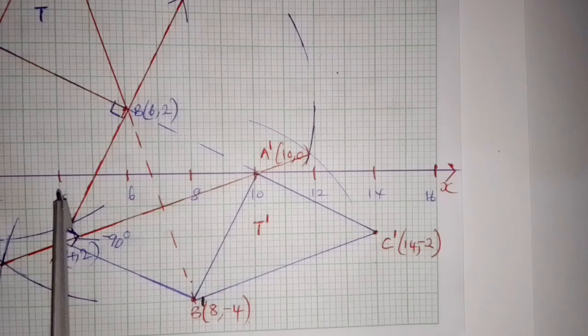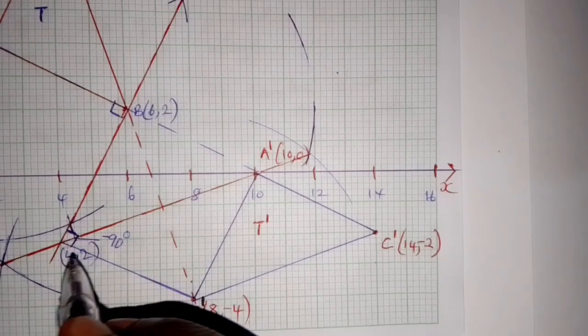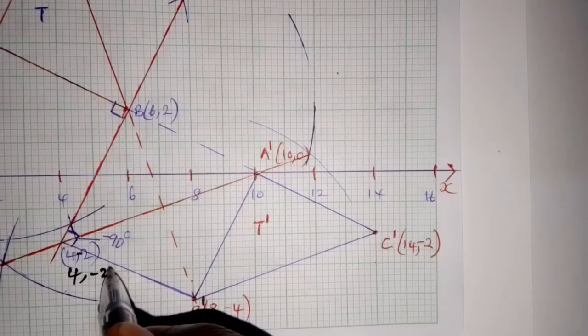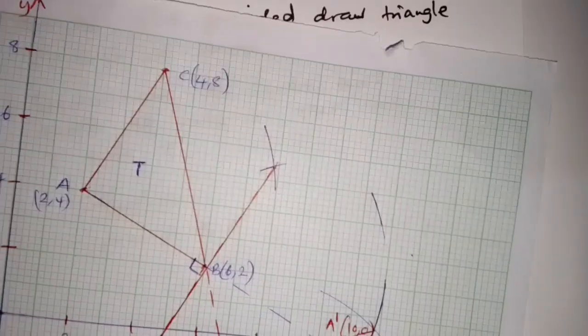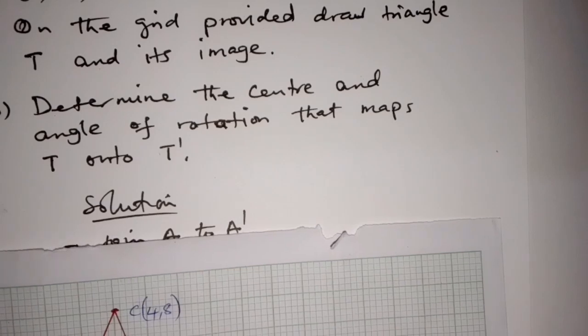So here, this is 4, this is -2. So it is (4, -2). That is the coordinate that is required.